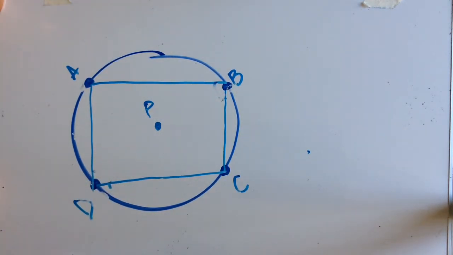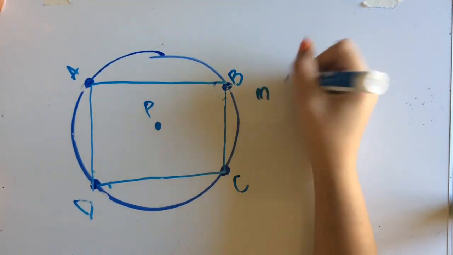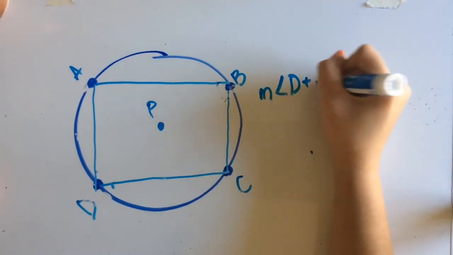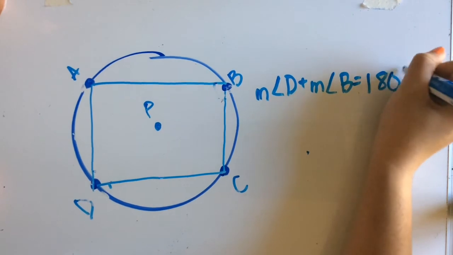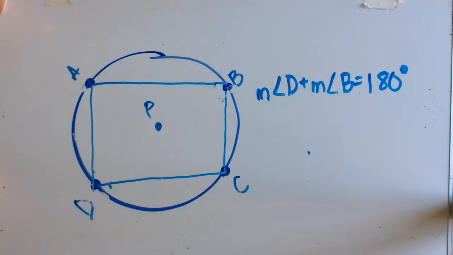And remember, complementary means they add up to 90 degrees. Supplementary are angles that when added, they add up to 180 degrees. So I know that the measure of angle D plus the measure of angle B is equal to 180 degrees because they are supplementary.